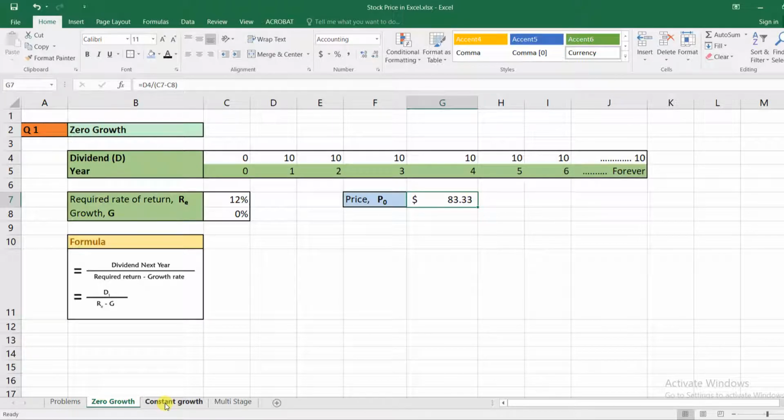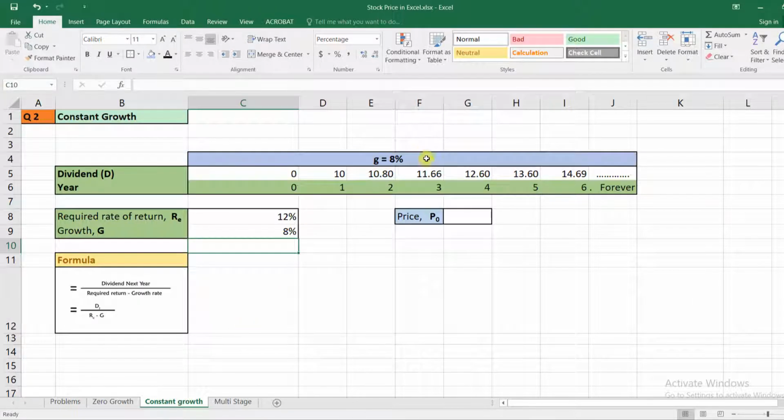Now, if it had a constant growth, let's say that after 1 year, some stock will pay you $10 dividend, and after that the dividend will increase by 8% every year. In that case, our required rate of return is, let's say, 12%, and growth this time is 8%, and we'll be using the same formula again to calculate the price of the stock at the present moment.